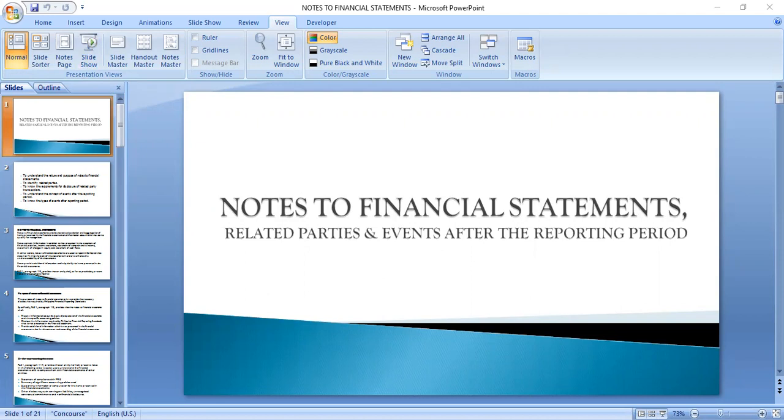Now, we have the following objectives in the study of the chapter: to understand the nature and purpose of notes to financial statements, to identify related parties, to identify or determine the requirements for disclosure of related party transactions, to understand the concept of events after the reporting period, and to identify the types of events after the reporting period.